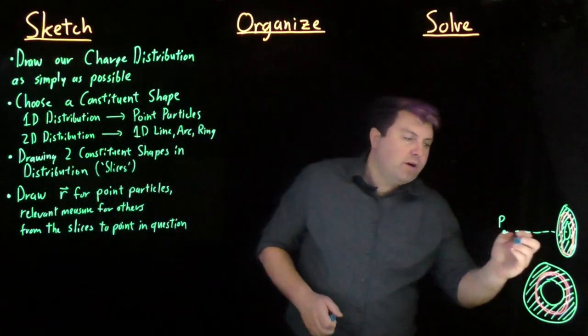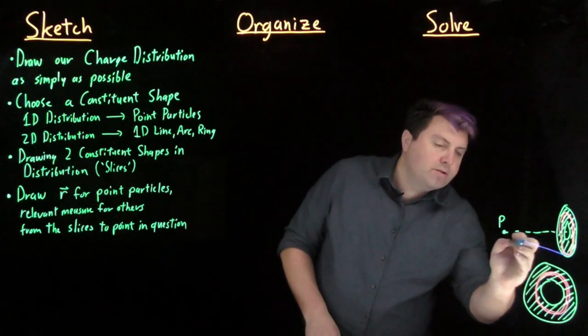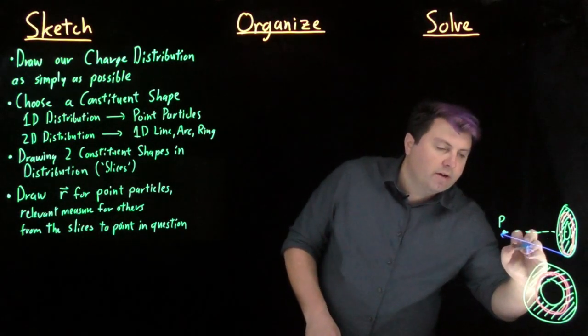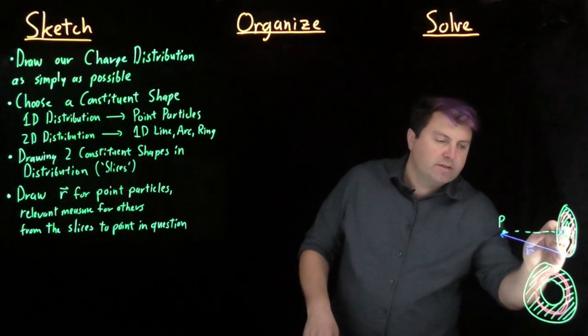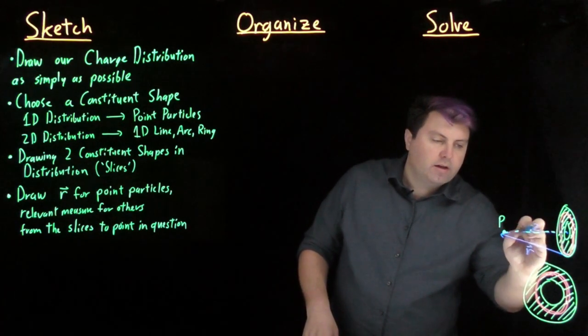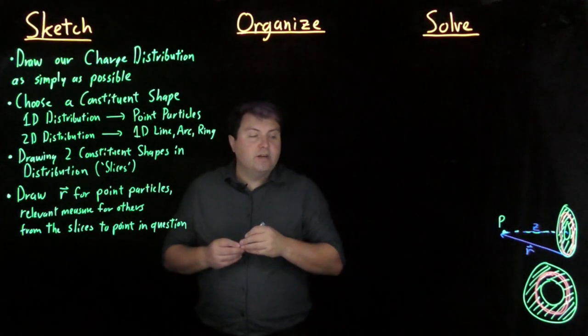So I can draw all the way from here to here as a kind of r vector. What's really important for each of these individual slices is in fact just the z dimension.